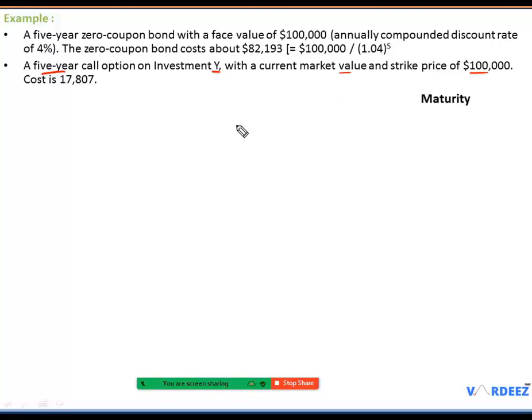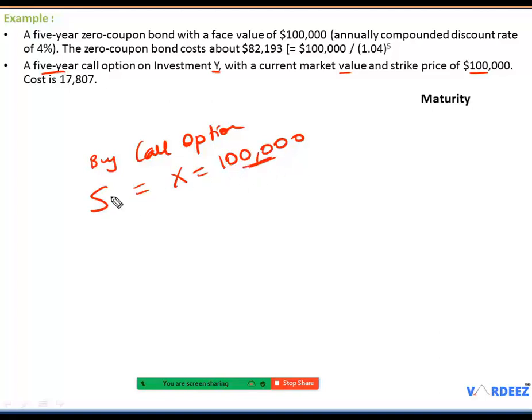So buy a call option where X is equal to 100,000 and the current market price of that particular asset is also 100,000. So this is the situation that we have. It's basically at the money. The call is at the money. It's neither making a profit nor giving me a loss.